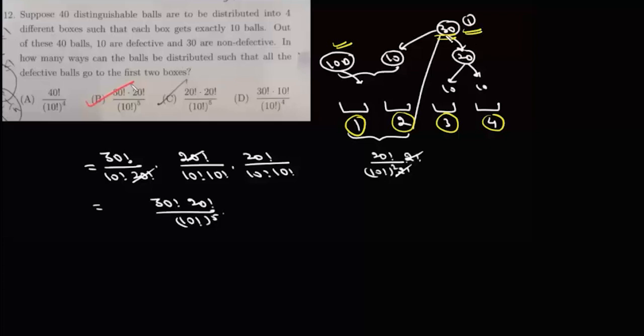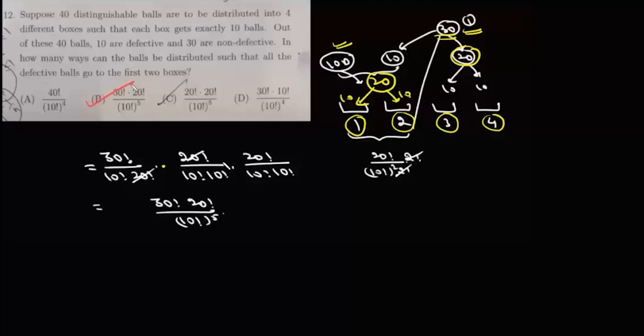Now it can be done in factorial 30 divided by factorial 10 factorial 20 ways. So now we have 20 balls here and 20 balls here. Now these 20 balls are to be distributed in the 2 boxes, in a set of 10 and 10. It can be done in factorial 20 upon factorial 10 squared, and we have not divided it by factorial 2 because these 2 boxes are distinct.